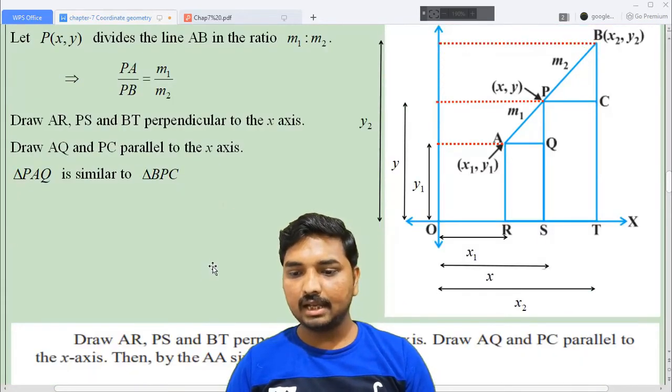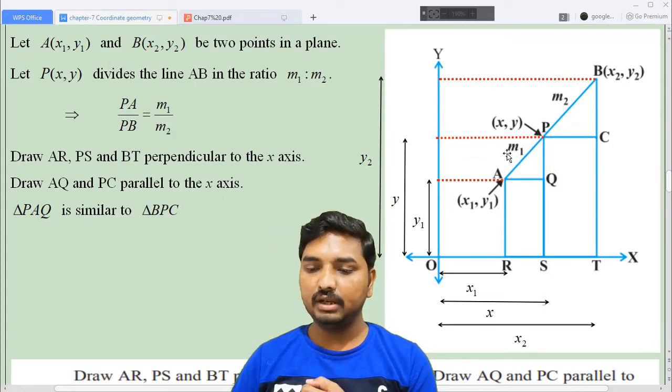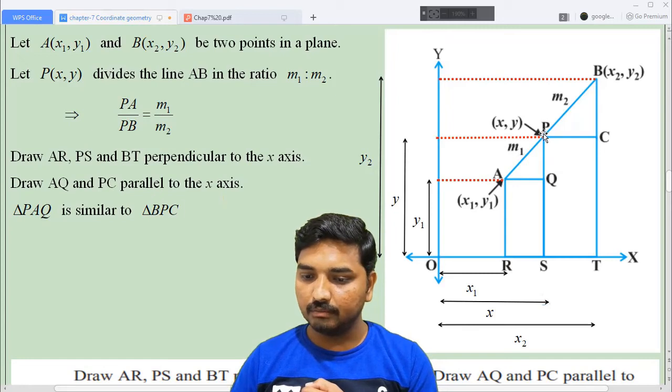They are similar triangles, which means if you take the ratio of the corresponding sides: for the side PA, the corresponding side is BP. For AQ, the corresponding side is PC.